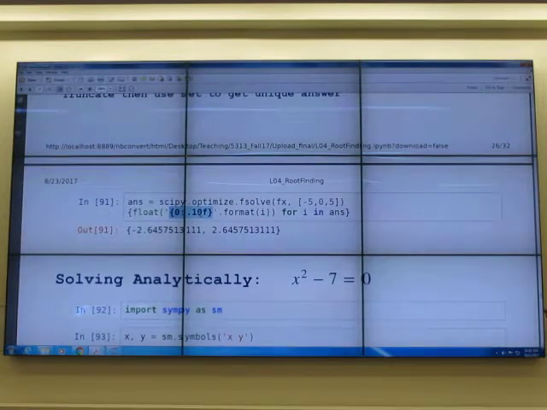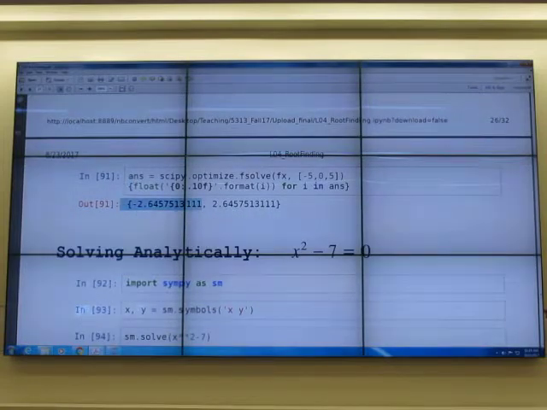I put it in string format first, and I just take 10 digits. So if they are almost the same, for example, the digit number 11 is just a little bit different, I don't care. When I extract just 10 digits, they are just the same. And when I use set for something that is the same, it takes just one, not twice. Okay, so that's how I get this number.